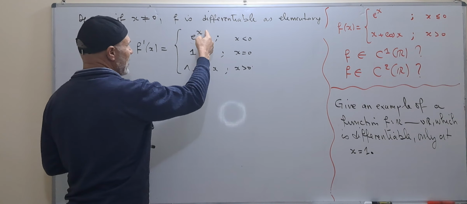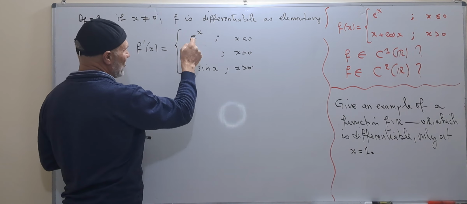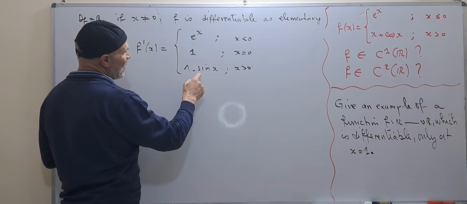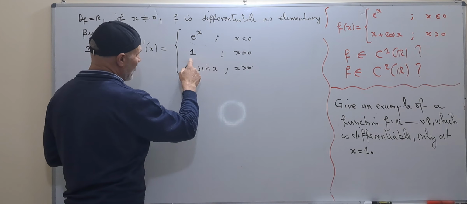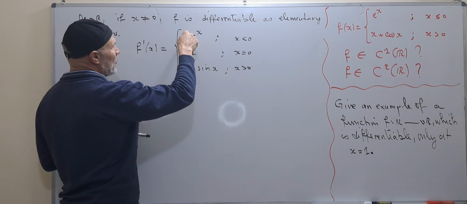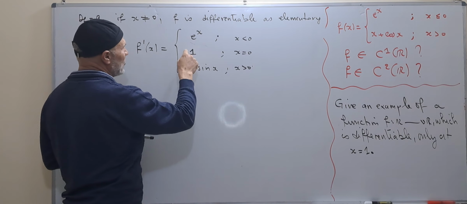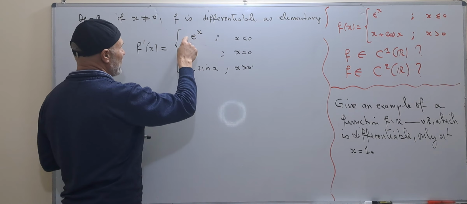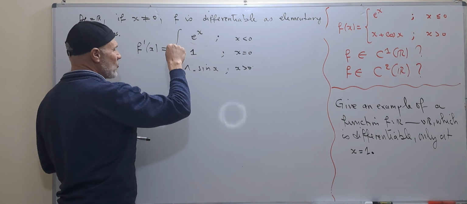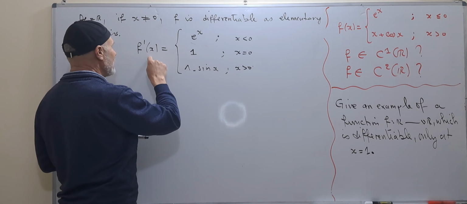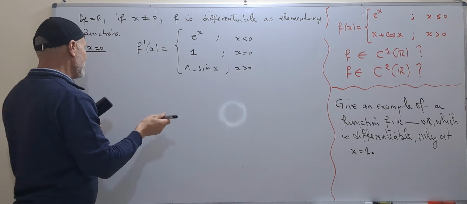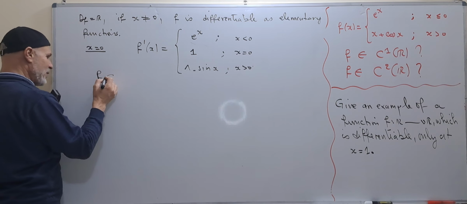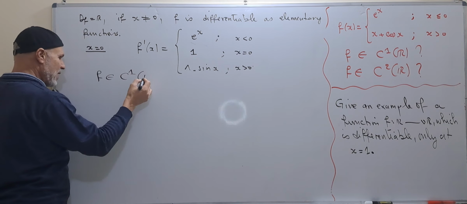Because when x goes to 0 from the left, we find 1, and when x goes to 0 from the right, we find 1. So the limit of f prime of x when x goes to 0 is equal to f prime of 0. This permits us to say that f belongs to C1 of R.